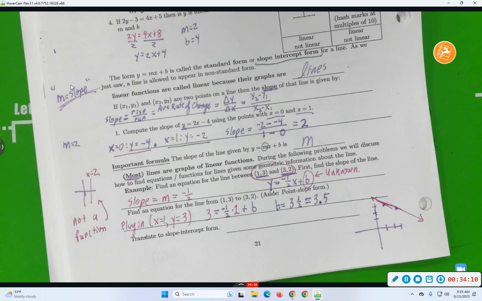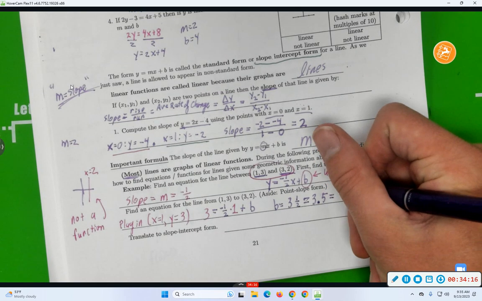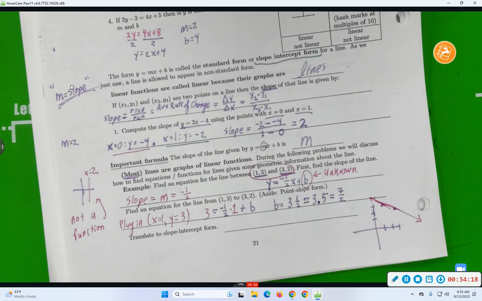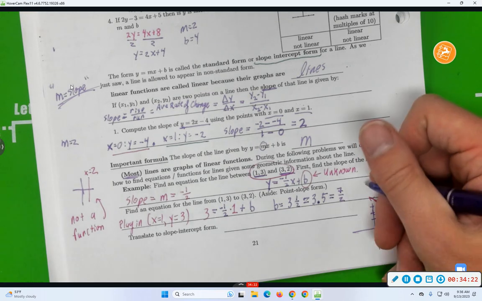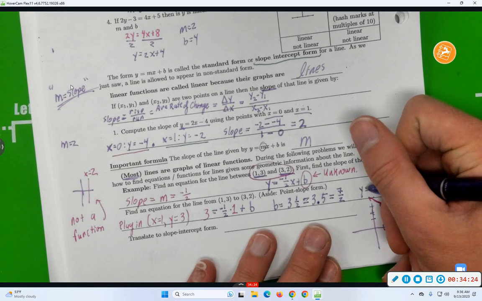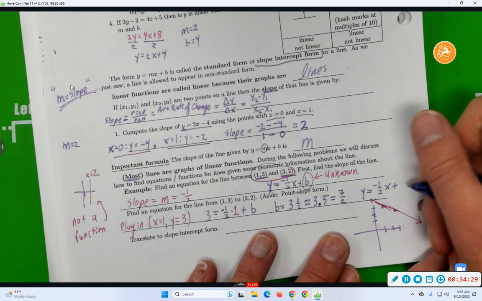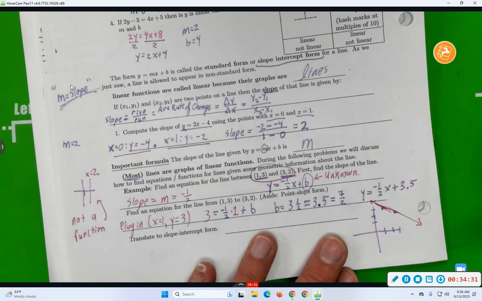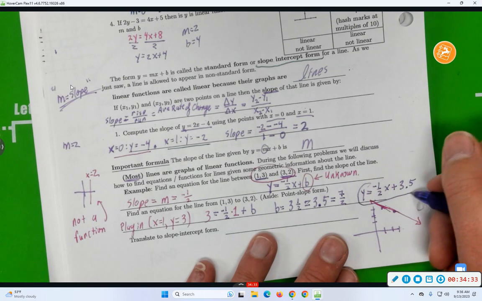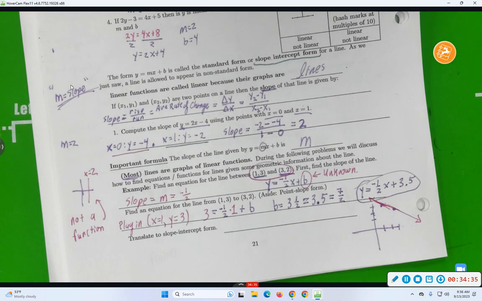Alternately, you could write it as a single improper fraction, 7/2. So it looks like we wind up with y equals -1/2 x plus whichever one of those you like best. That feel pretty okay?